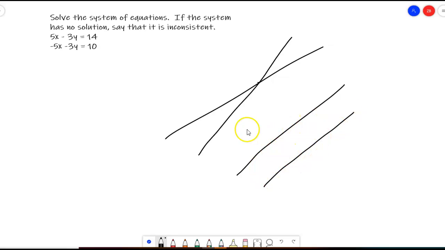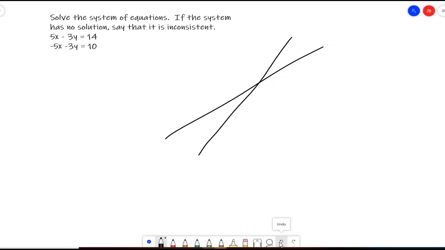The only other option is if it's both the same line, and then you're going to have an infinite number of solutions because there's an infinite number of points that those two lines have in common. So this is the conceptual idea behind what we're doing here.